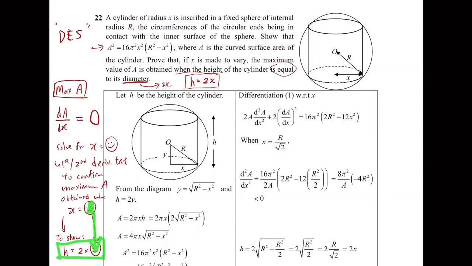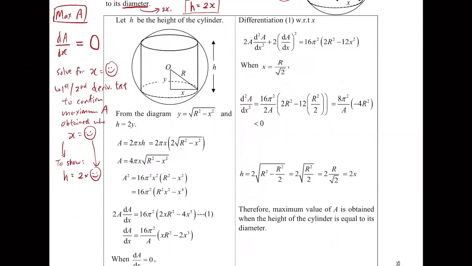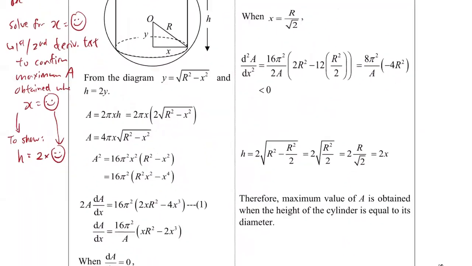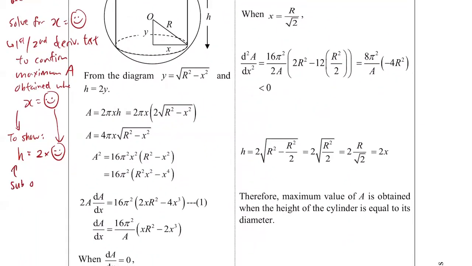So that's why we look at right angled triangles and try to deduce a relationship between h and x. So we need to find, sub goal, is to find h in terms of x.